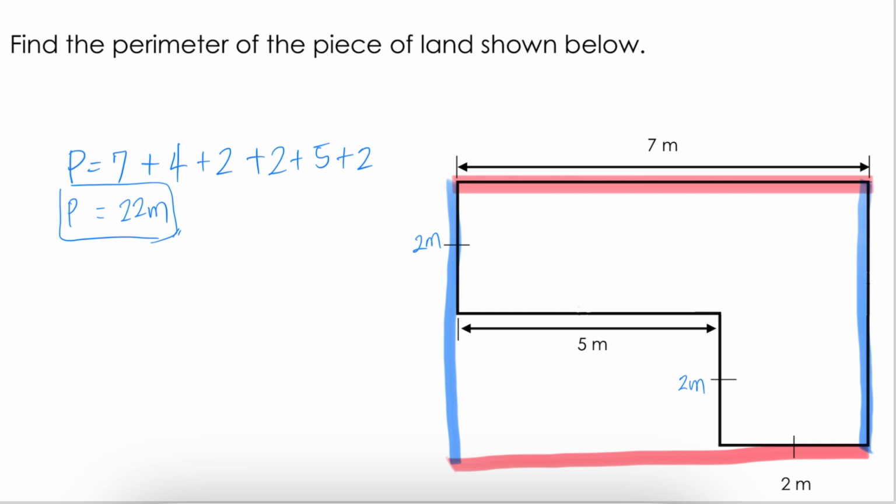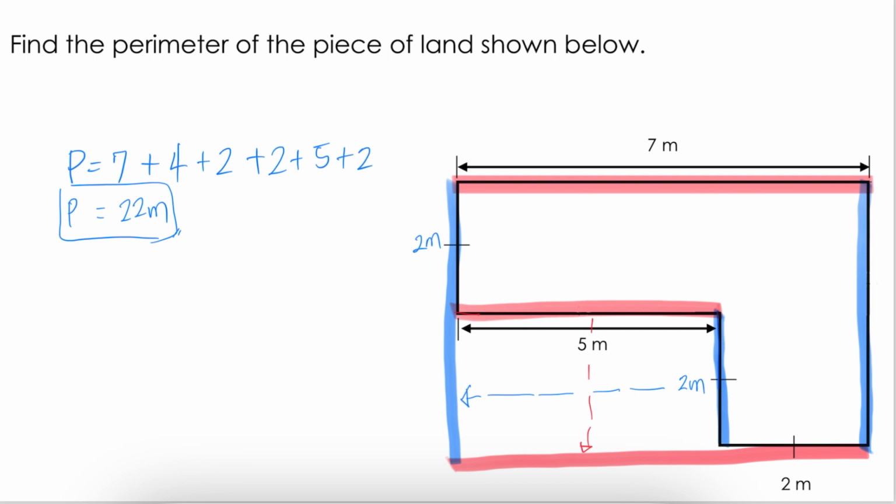So what did I do? I just moved this line towards this side. This red line, I moved it towards this side. In that way, I have one whole rectangle.